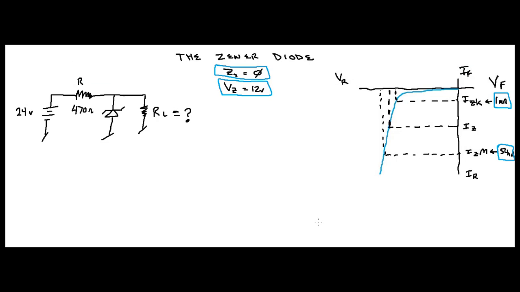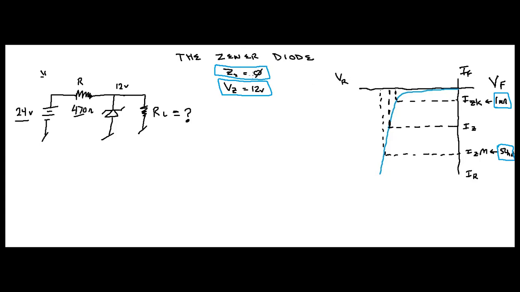All right, everyone. One last problem here. So I drew out the circuit, which is again right over here. And this time I gave you a voltage. We have a 12 volt Zener, so this is 12 volts. We know R, which is 470, right? And we want to find out RL, all right?